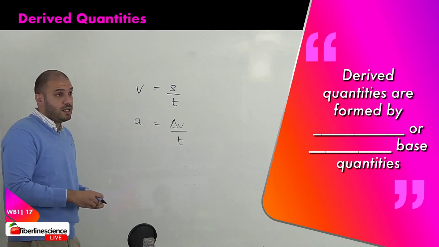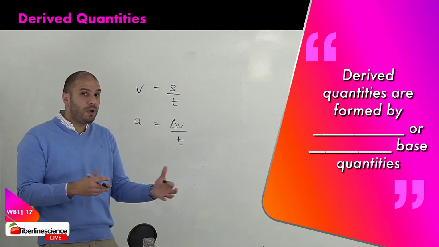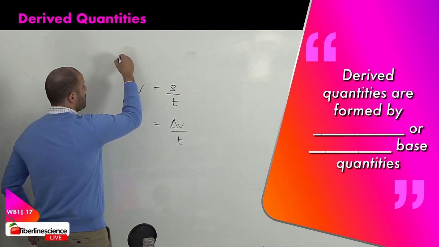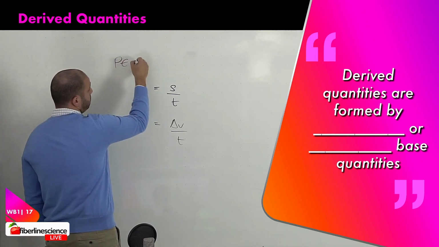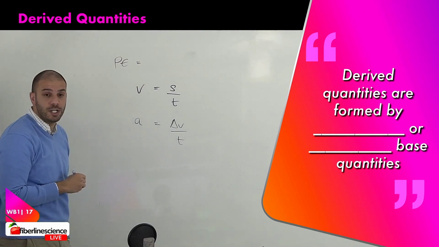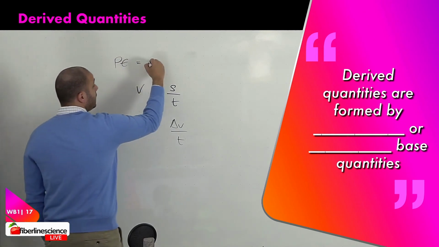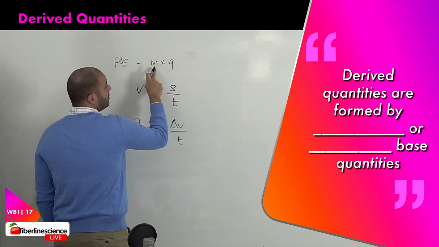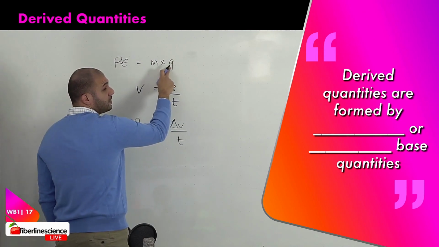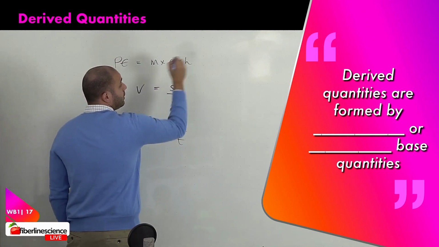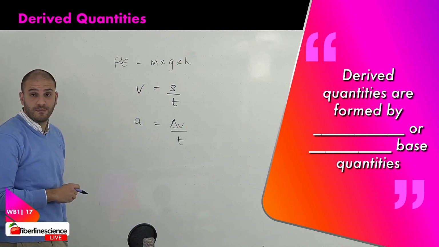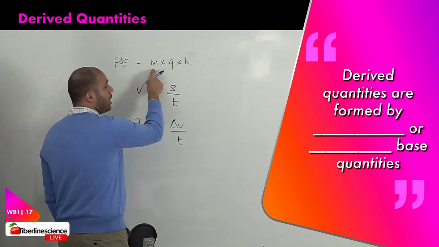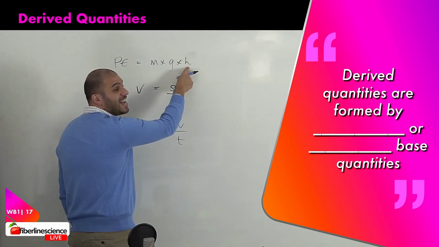Let's just take an example where we're multiplying quantities, say in the case of energy, specifically gravitational potential energy, that would be given by multiplying the mass by the acceleration due to gravity and multiplying that by height, okay? So we've got a mass, an acceleration, and a length.